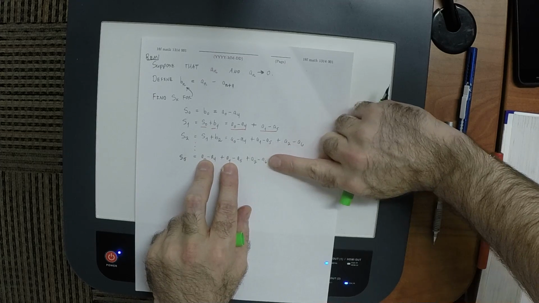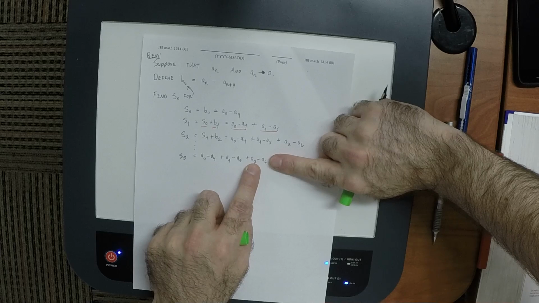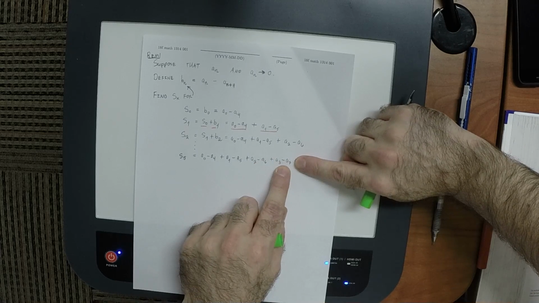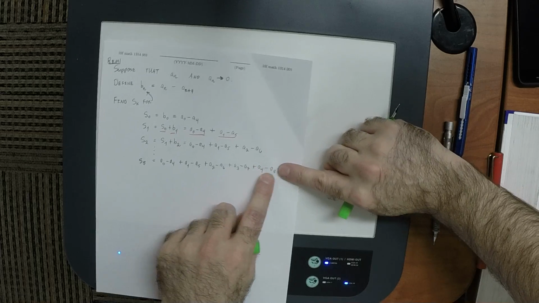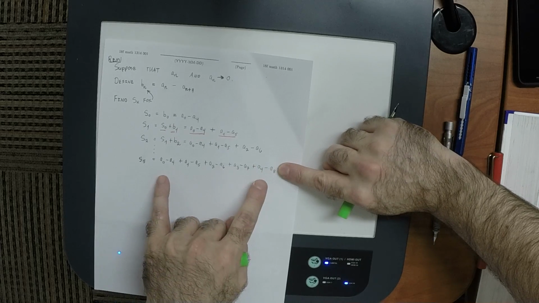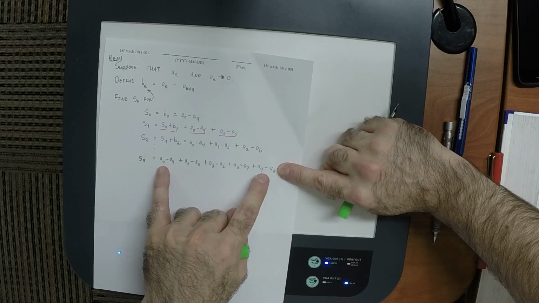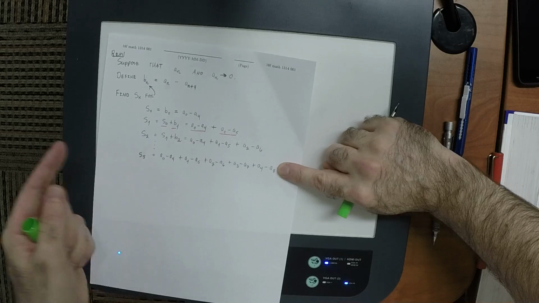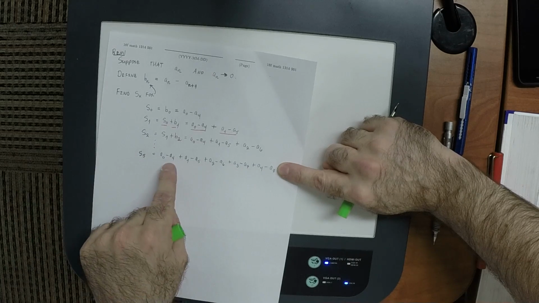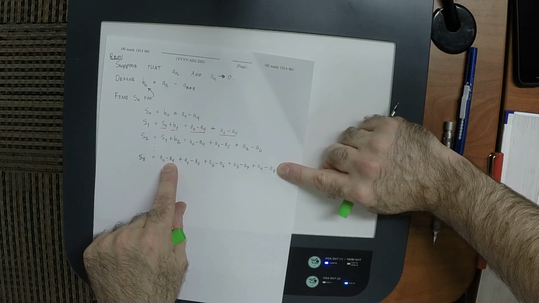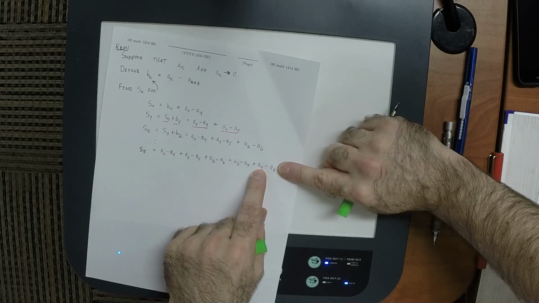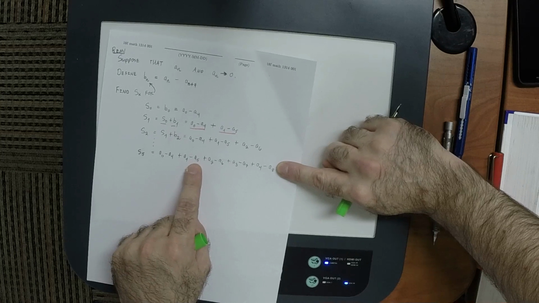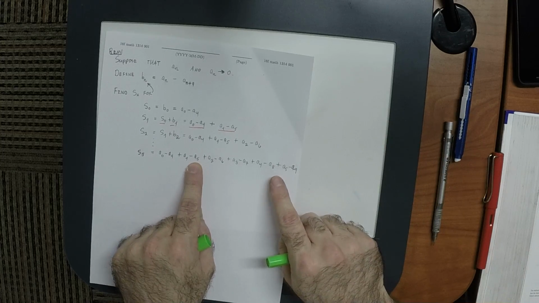Then I take one more bite, nothing's canceling. I take another bite, nothing is canceling, right? Because right now all the indices are unique. But do we have a 4? Yeah, we do. Okay, so I was right. I only needed to go to 4. So look, we have subtract A4 and add A4. We have subtract A5 and add A5.